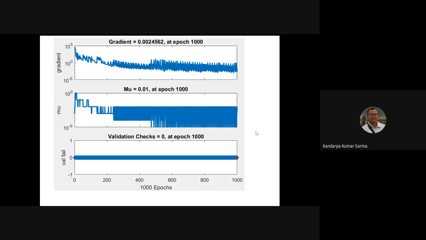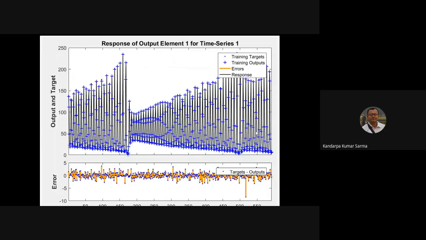The network's topology and configuration shall be quite critical in generating this particular performance. Then when we compare the present response and target, we find that they are very closely matching. There shall be very close resemblance.